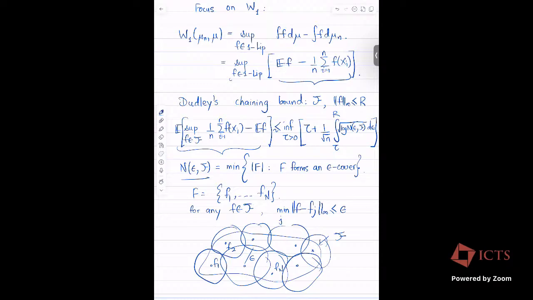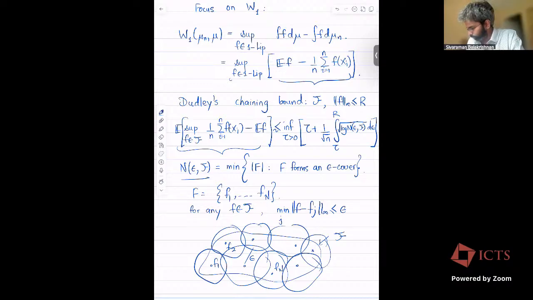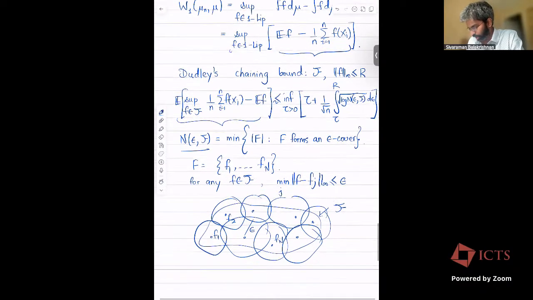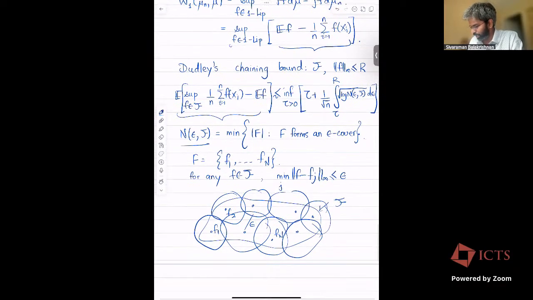Now, is this infinity norm essential, or could you do similar arguments with other norms? You can try to do similar arguments with other norms, but you'll have to make more assumptions about the underlying random variables, and potentially you will need something like sub-Gaussianity somewhere. So this is maybe the cleanest version of this.